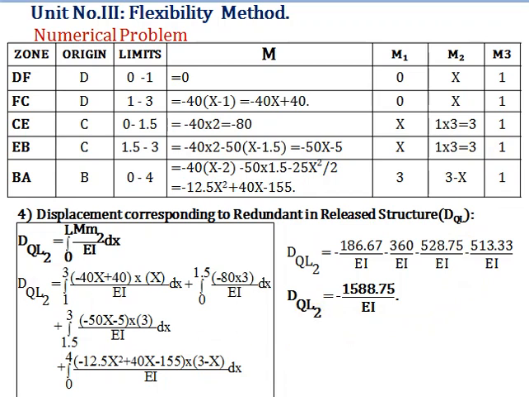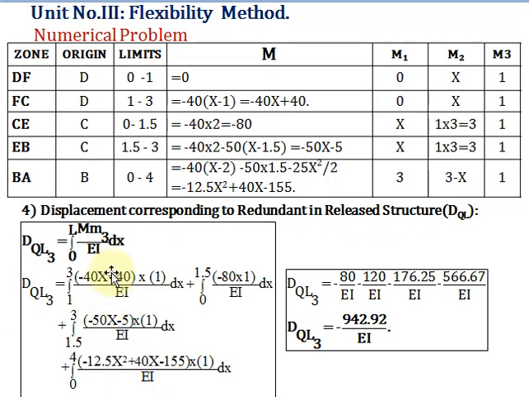Okay. Now after finding out the value of dQL2, we'll find out the value of dQL3. Now here the value of m3 is 1. So for FC, the limit is 1 to 3, minus 40x plus 40 into 1 upon EI. Then for C, limit 0 to 1.5, minus 80 into 1 upon EI. Then for EB, it is minus 50x minus 5 into 1 upon EI, limit 1.5 to 3.